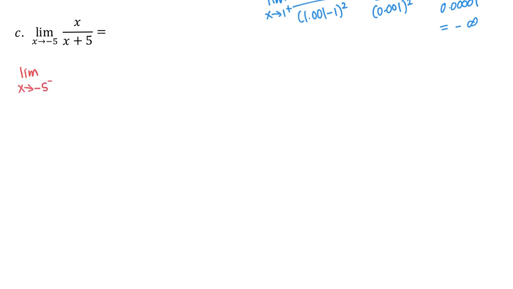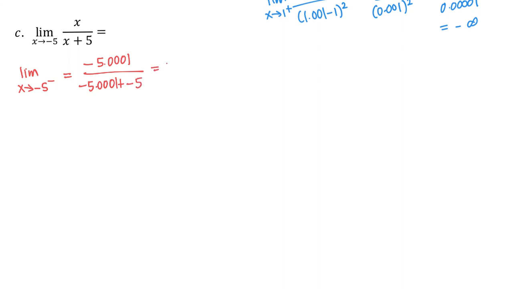So if I do negative 5 from the negative, let's see, I'm going to have negative 5.0001 over negative 5.0001 plus 5.